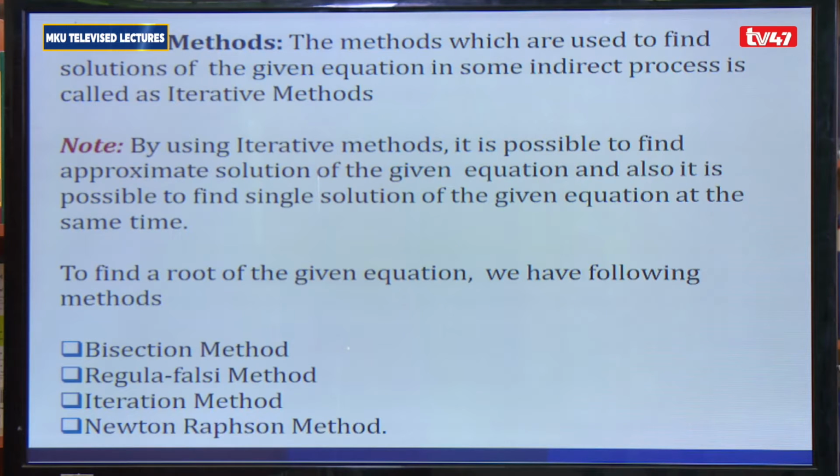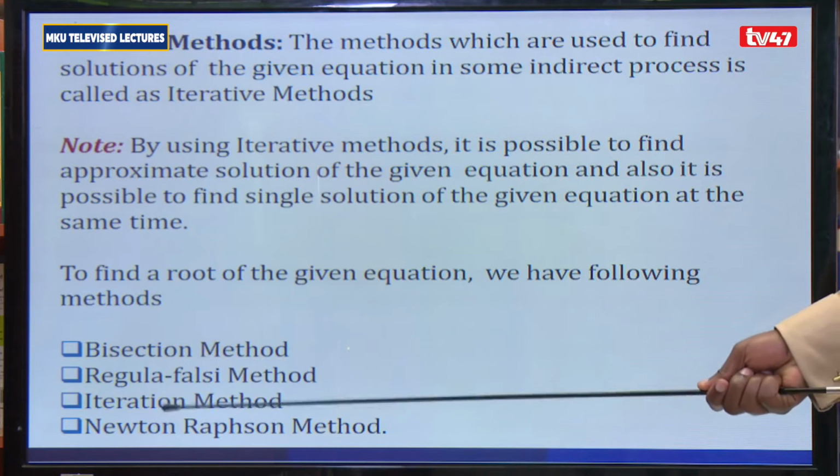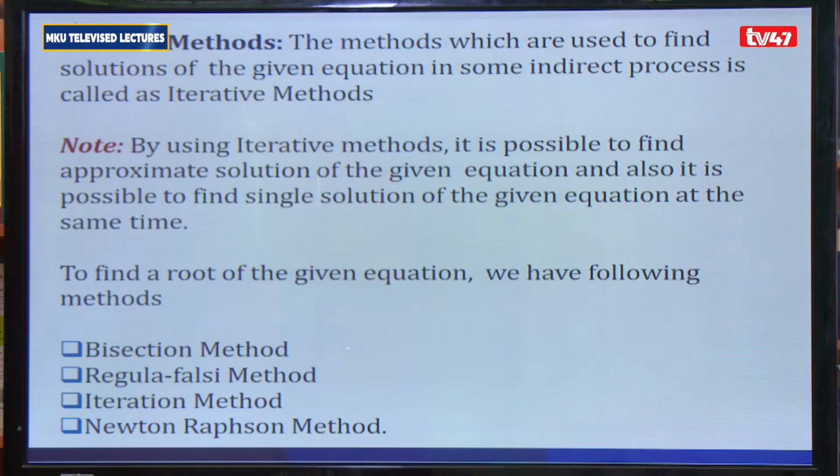Some common indirect or iterative methods are the bisection method, the regula falsi method, and the Newton-Raphson method. These are just a few. We have others like the secant method and many others. Our methods of interest are the four.